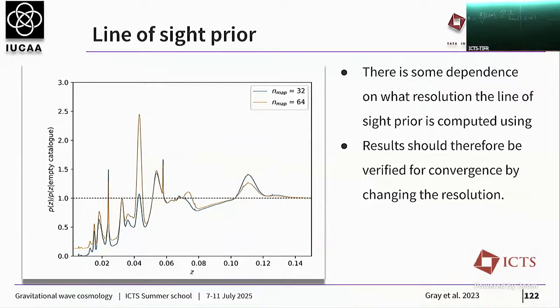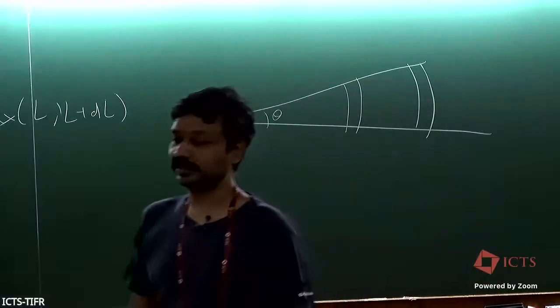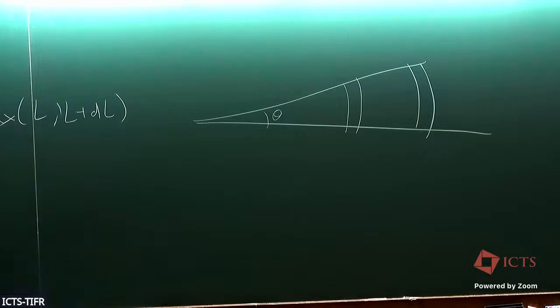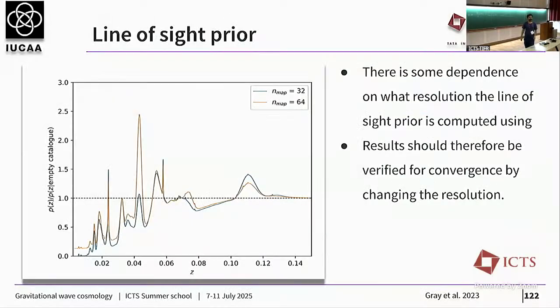At lower redshift it is a smaller volume compared to higher redshifts, so you expect the number of galaxies, and the redshift prior, to increase as you go further out.